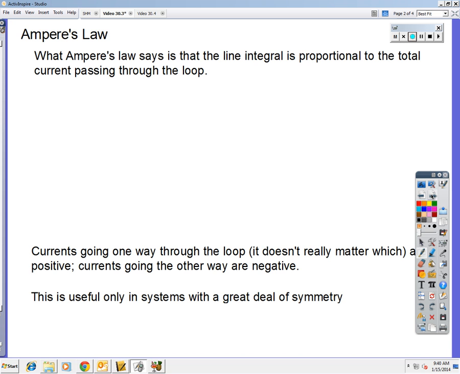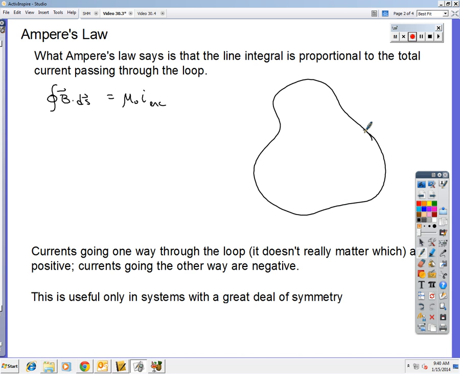Now getting to what Ampere's law actually says. The line integral of B dot ds, and it's written with a little circle on the integral, which indicates that it's a closed loop, equals mu naught times the enclosed current. So the idea is that you've got your Amperian loop, and you've got wires carrying currents into or out of the loop.